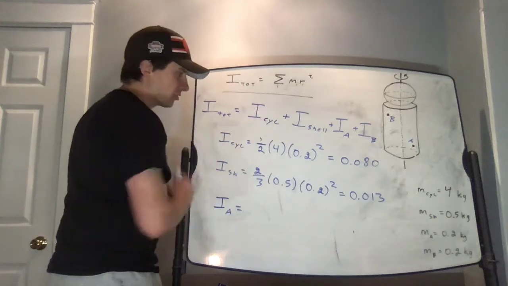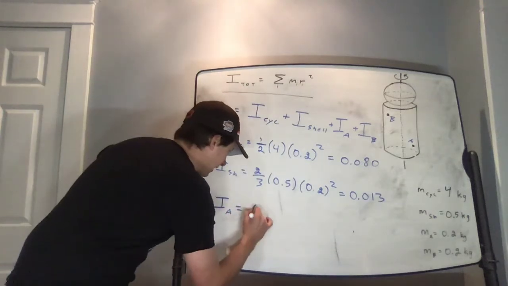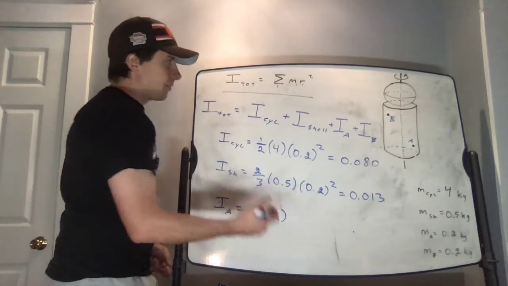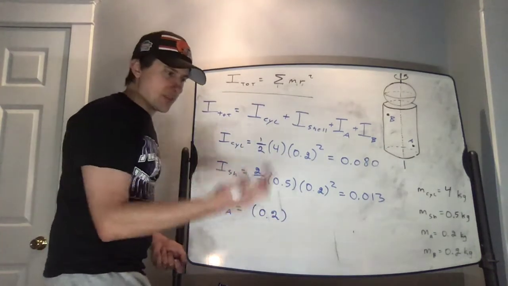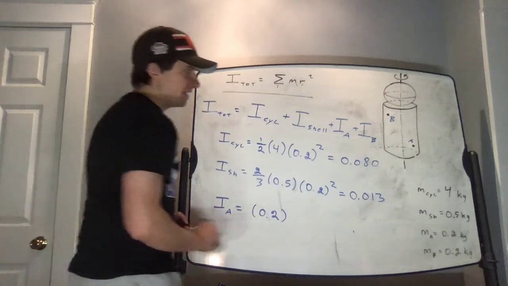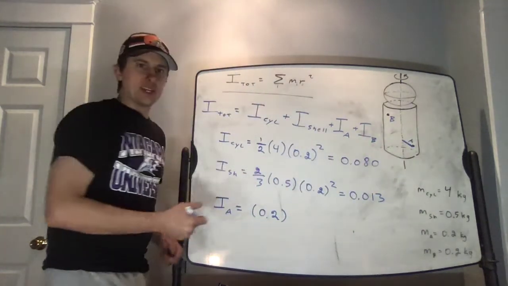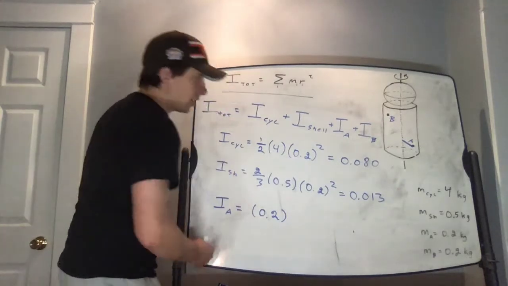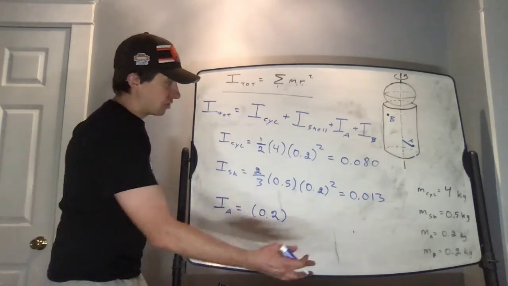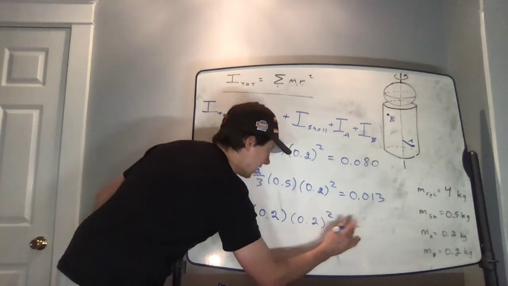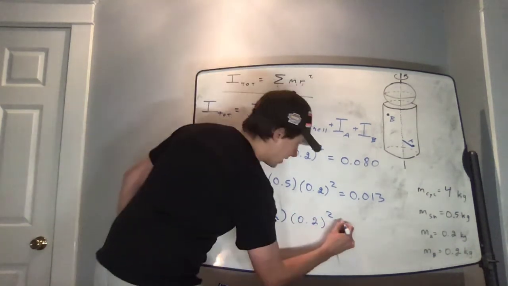The mass of particle A is 0.2 kilograms. The distance that particle A is from the center of rotation is the same as the radius of the cylinder, so that would be 0.2.